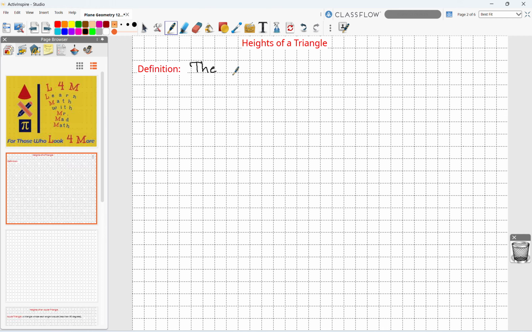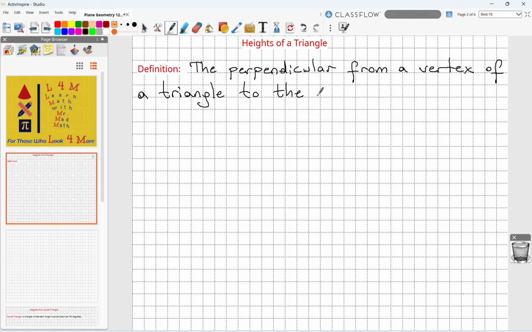The perpendicular from a vertex of a triangle to the line containing the opposite side is called a height of the triangle.